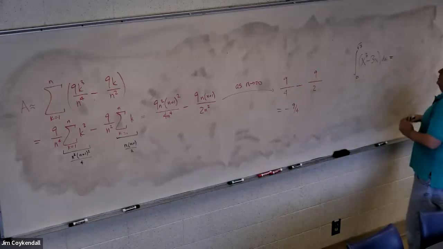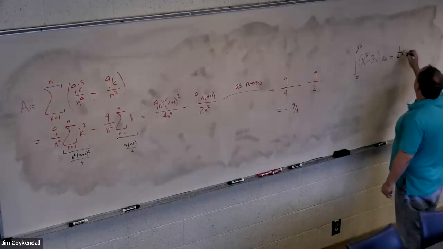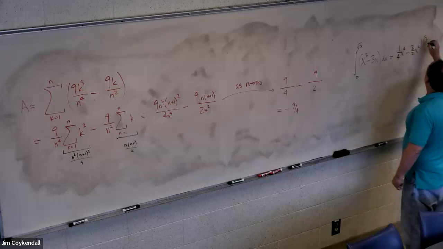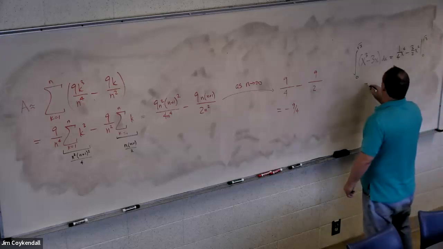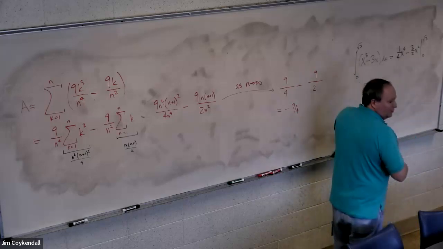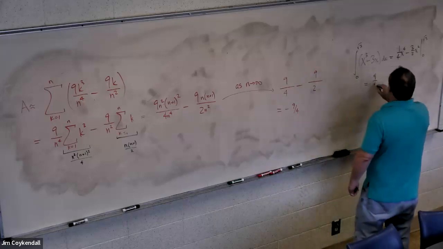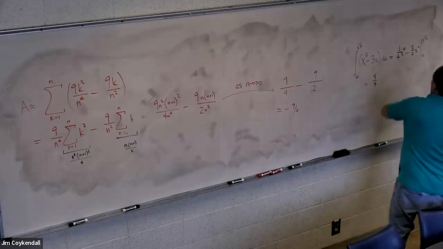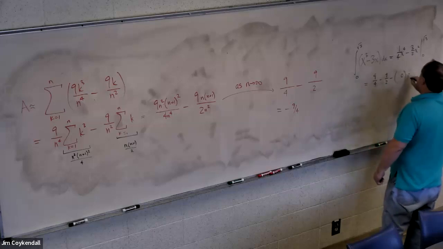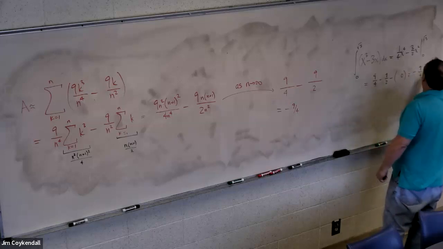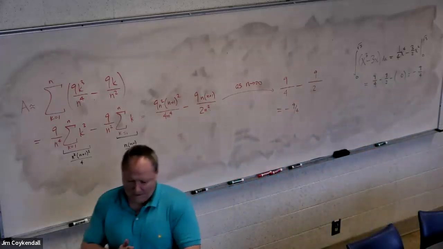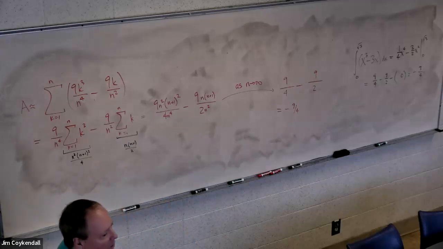This is 1/4 x to the 4th minus 3/2 x squared, evaluated from 0 to radical 3. Radical 3 to the 4th power is 3 squared, so that's 9/4 minus 9/2 from the 3. If I put in 0, I get 0. So I get minus 9. Questions on this?